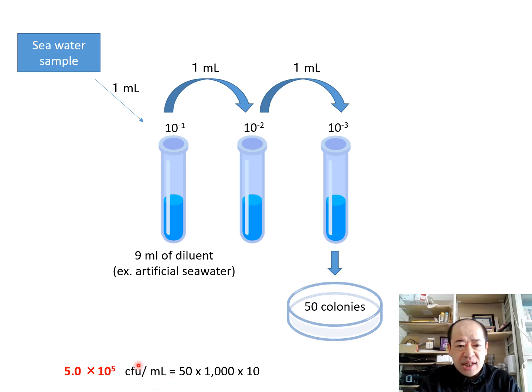Let's adjust the unit per milliliter. We inoculated 0.1 milliliter on the surface of the agar medium, so we have to multiply by 10. The result shows 5.0 multiplied by 10 to the 5 CFU per milliliter.